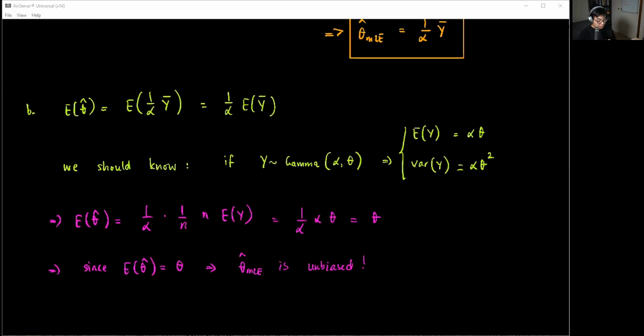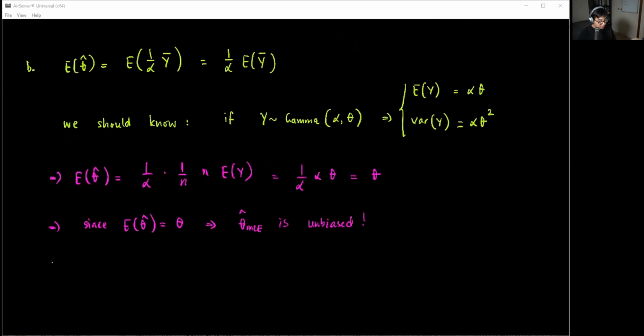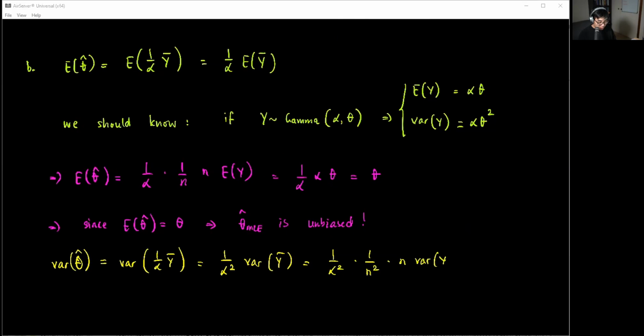All right. So let's go on to the next step, which is to look at the variance. What is the variance of theta hat? Well, the variance of theta hat is equal to the variance of 1 over alpha y bar, which is equal to 1 over alpha squared times the variance of y bar, which is 1 over alpha squared times 1 over n squared times n, the variance of y.